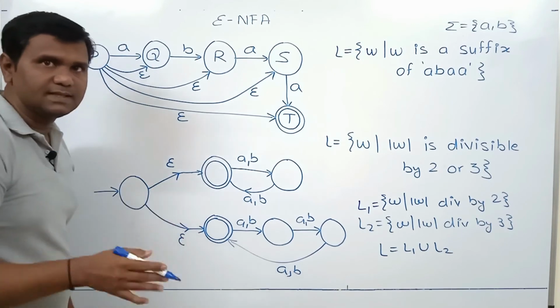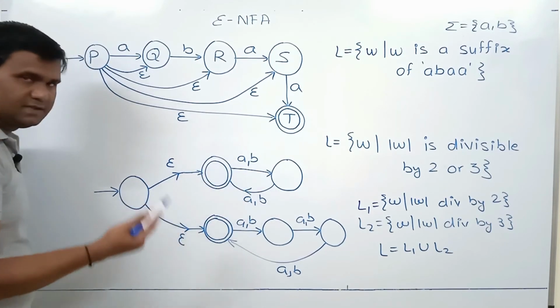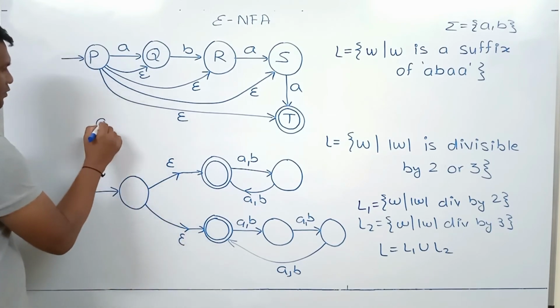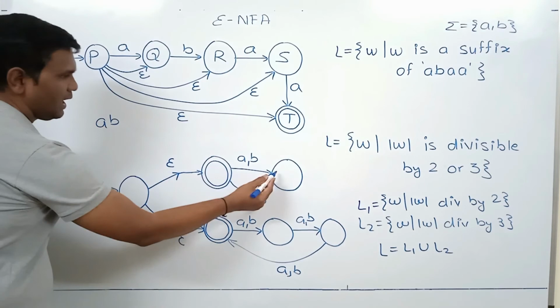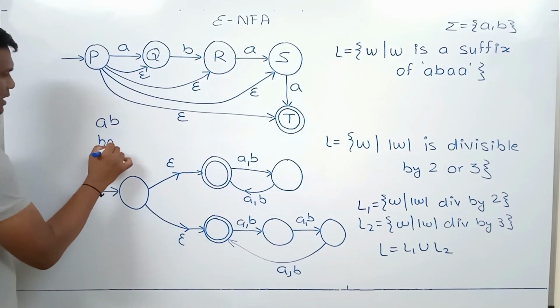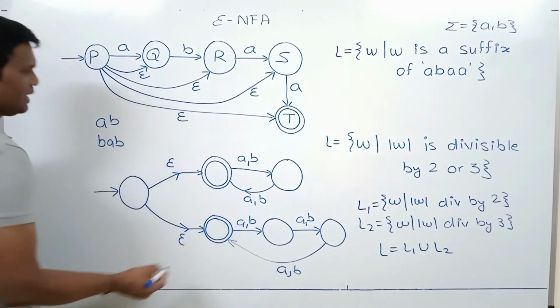So if the string length is divisible by 2, it will be accepted over here. If the string length is divisible by 3, it will be accepted over here. For string AB, epsilon AB accepted over here. String BAB, epsilon BAB, it is accepted over here.